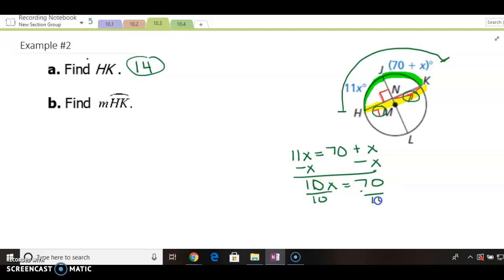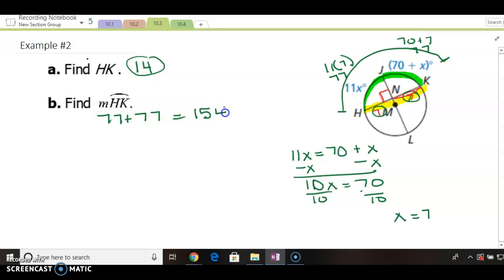Divide both sides by 10. I get x equals 7. Now if x equals 7, when I plug it in, 11 times 7 is 77, and 70 plus 7 is 77. So the entire arc would be 77 plus 77, which would be 154 degrees.